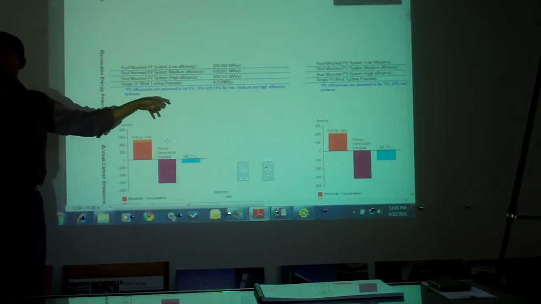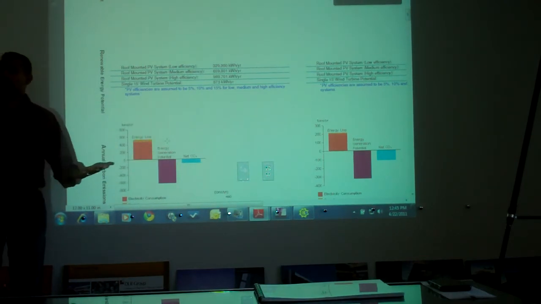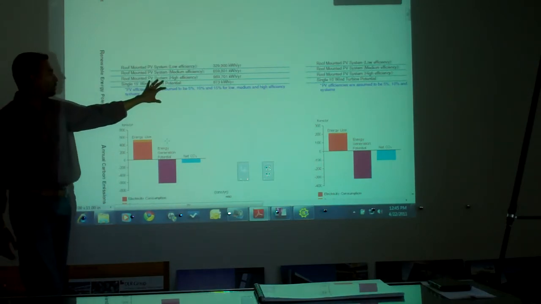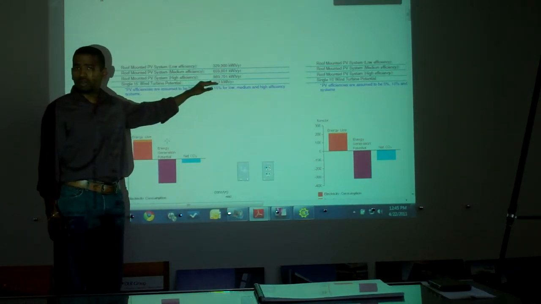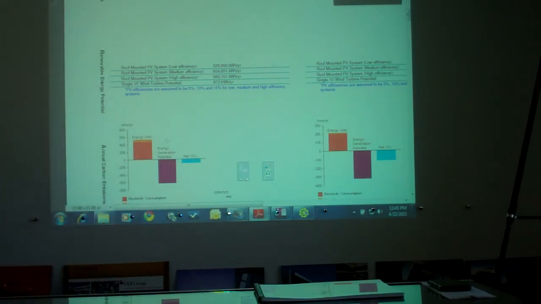We used 230 watts per panel. The low efficiency panel could be 150 watts or something, and the high efficiency could be 300 watts. So it just gives you a quick potential on that site, on that building. So this is very, very important, a good tool during the early analysis stages.